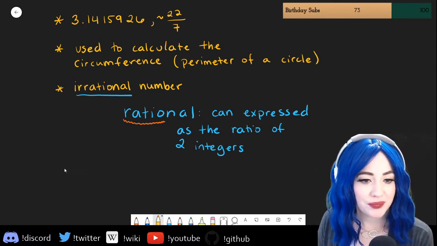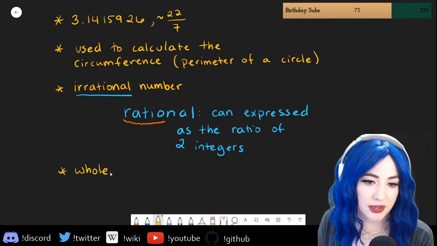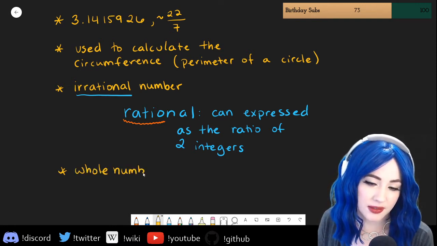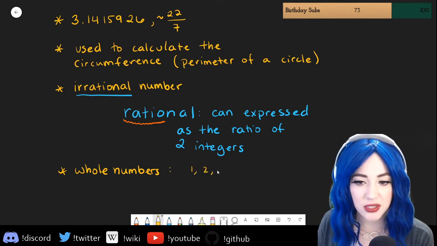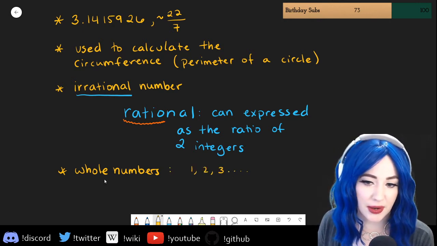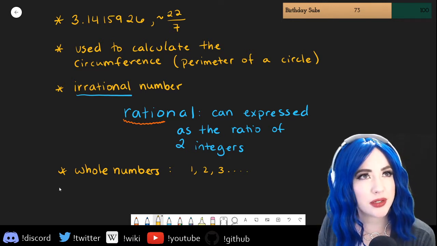So you've got whole numbers, which are 1, 2, 3, etc. And let me see, wait, does whole include 0?